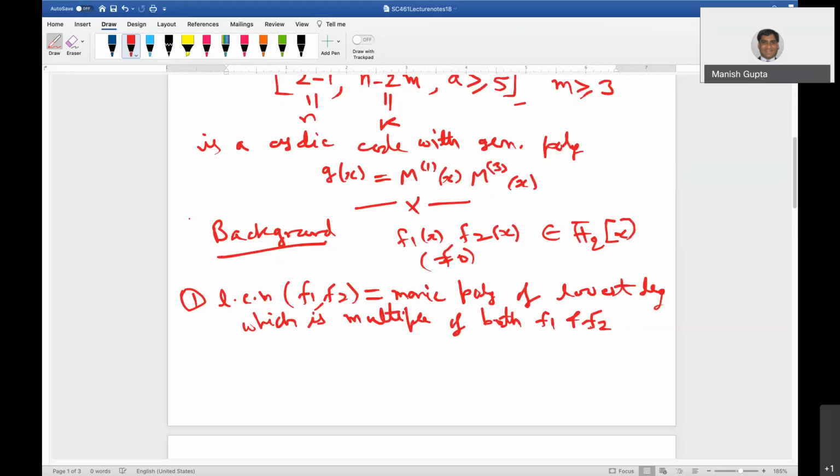Of course, both are non-zero. Just like integers, we have defined the LCM, least common multiple, of two polynomials: the monic polynomial of lowest degree which is a multiple of both f1 and f2.